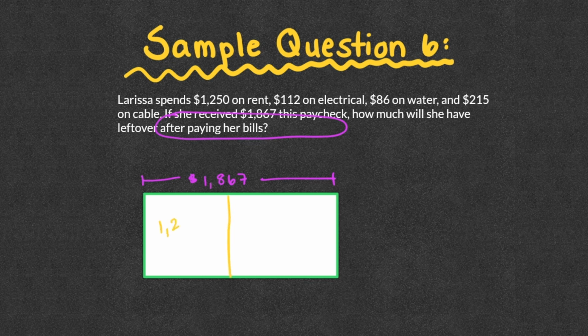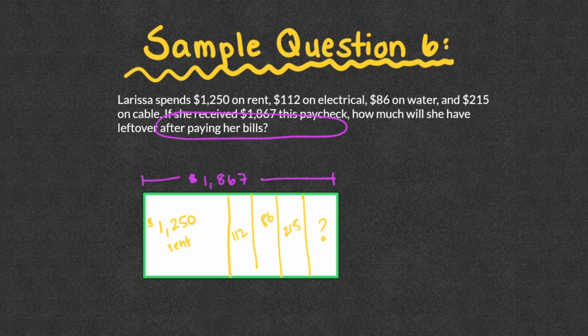So $1,250 on rent comes out of it. We know that $112 on electrical, we know $86 on water, and $215 on cable. And then whatever's left would add up to $1,867. So we can do this a few ways, because this is going to be a 2-step problem.